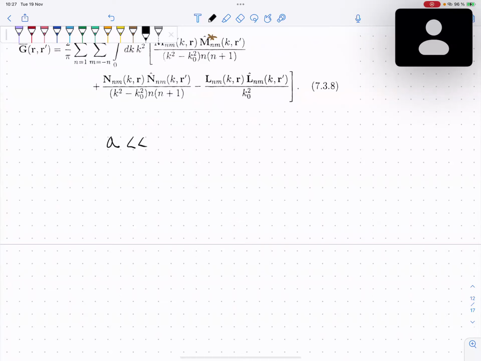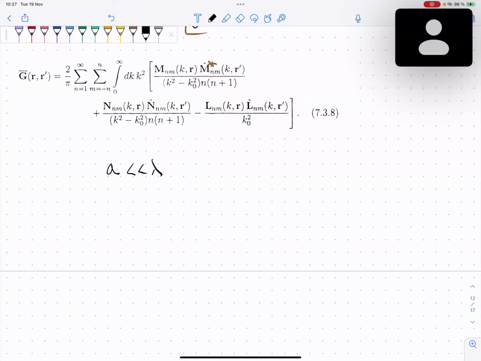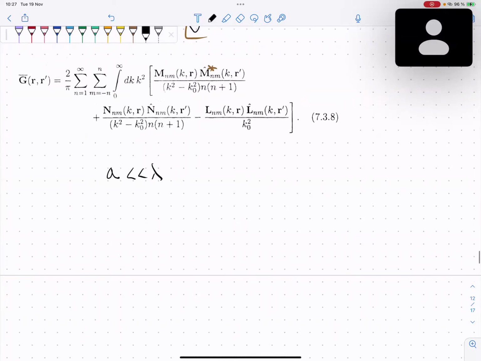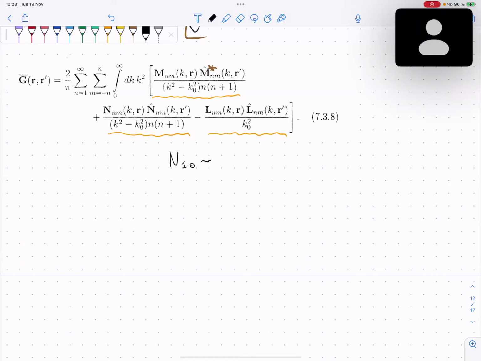If the size of the particle is much less than the wavelength, we see that we can write this Green function in terms of these vector spherical harmonics, and we remember that, for example, N10 is proportional to the electric field of an electric dipole, and M20, M21 is proportional to the electric field of a magnetic quadrupole.